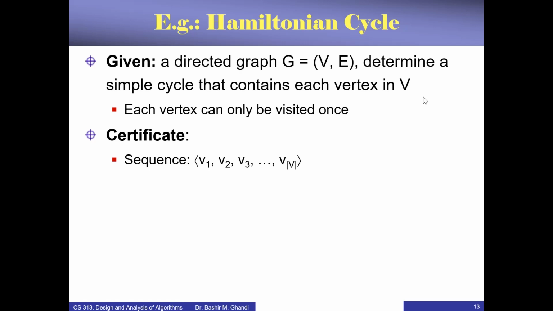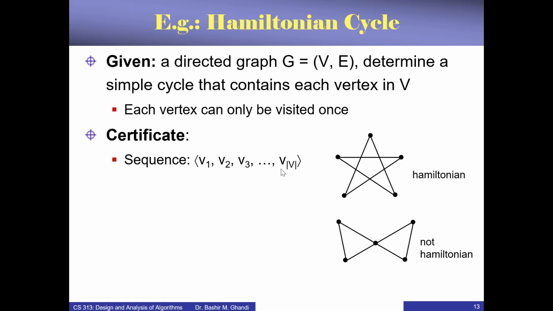Suppose we are given a sequence, and we don't know how the sequence is generated. There is no deterministic algorithm to give us this sequence. We can easily determine whether the solution is correct, whether this sequence is from a Hamiltonian cycle or not.